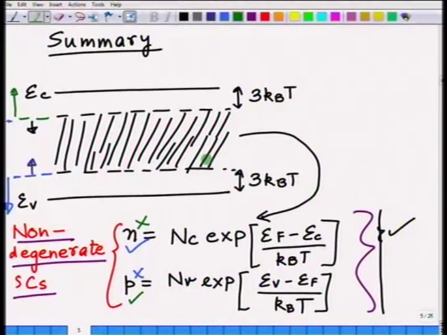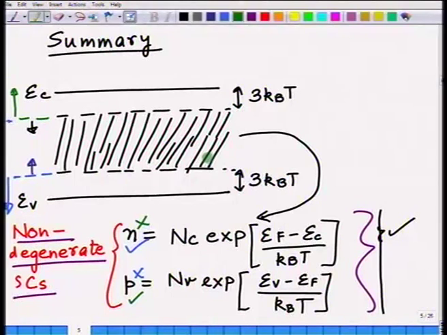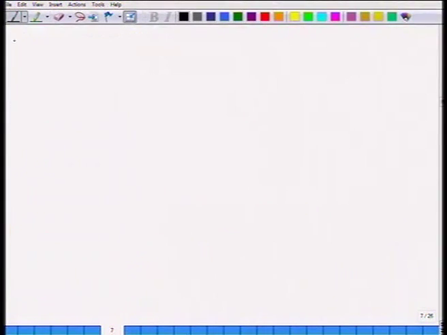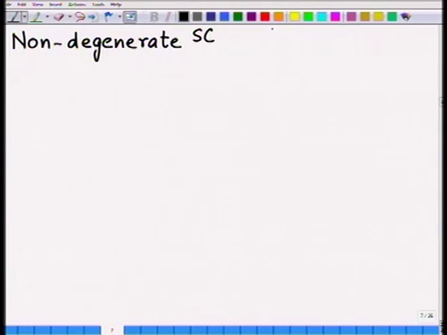All right, I hope that gives you a good picture of the non-degenerate semiconductor, versus a degenerate semiconductor, exactly the opposite of that.